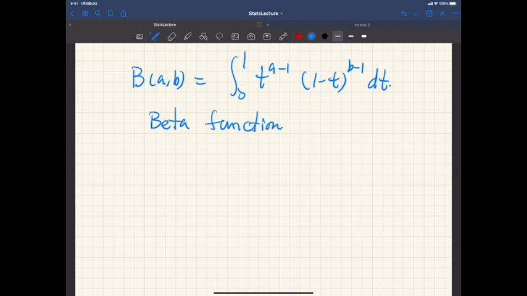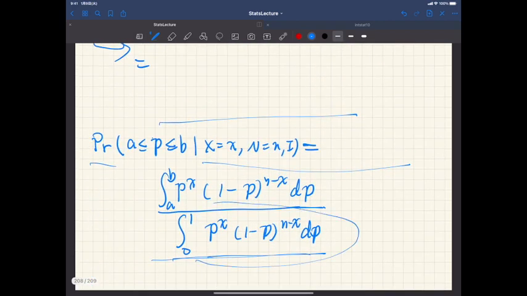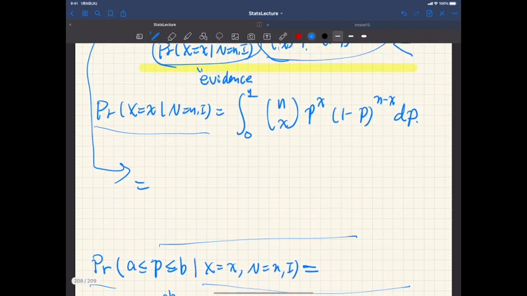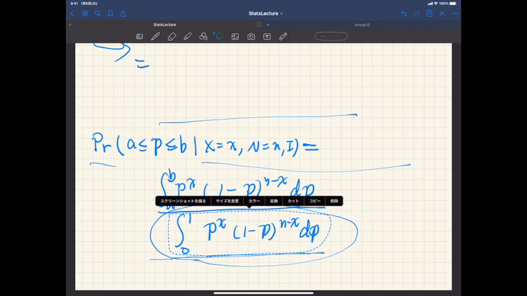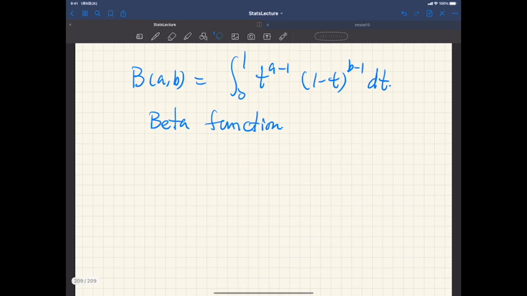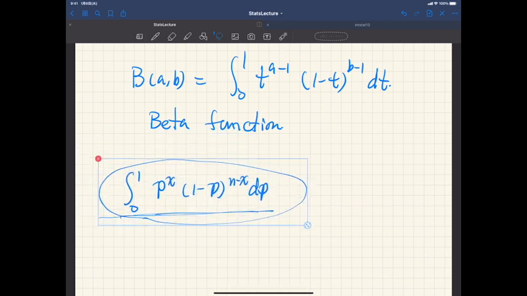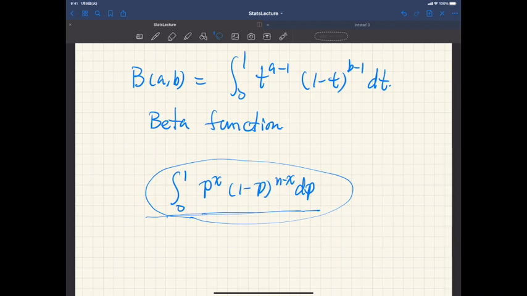If you compare this with this, you will notice that p corresponds to t, x corresponds to a minus 1, and n minus x corresponds to b minus 1.